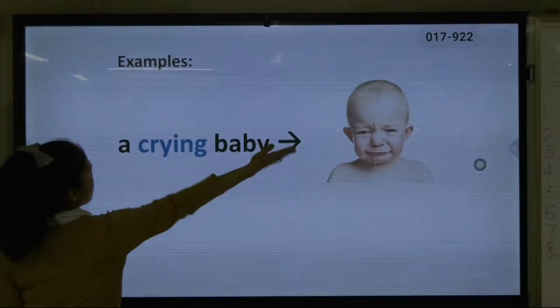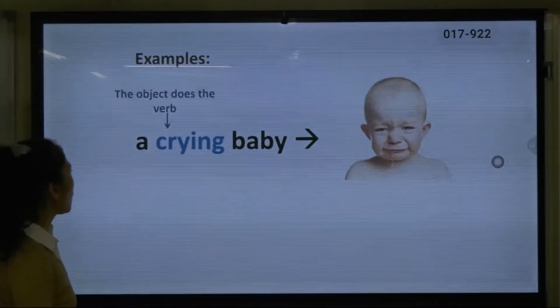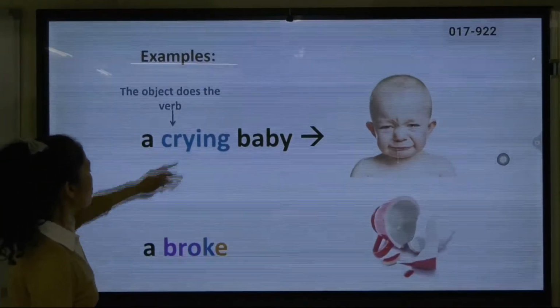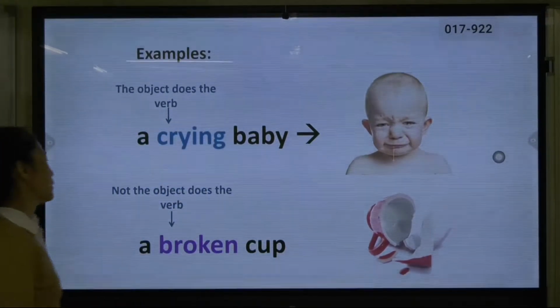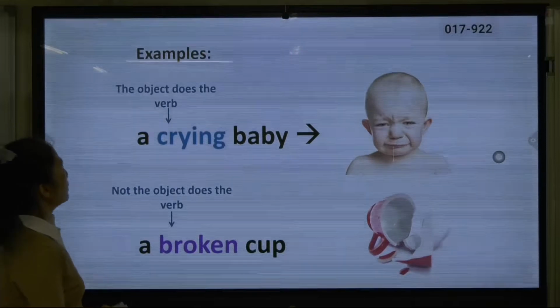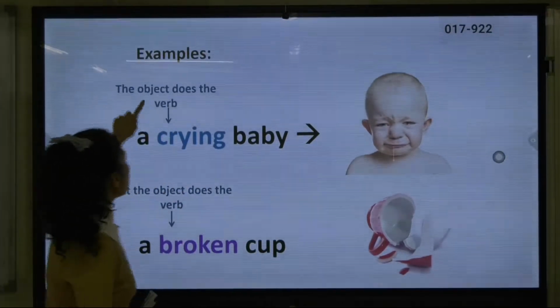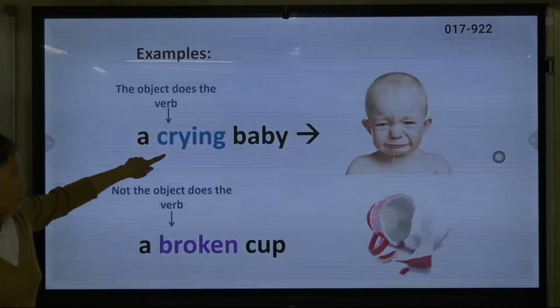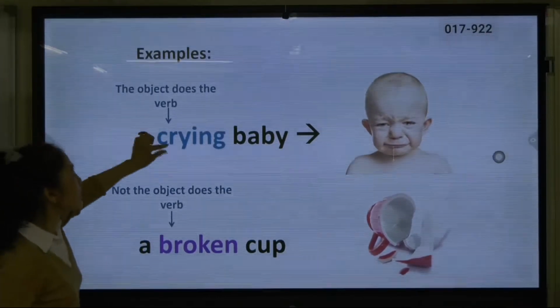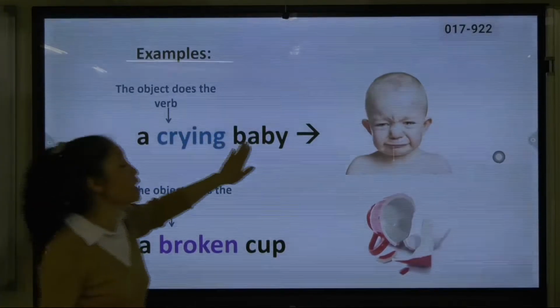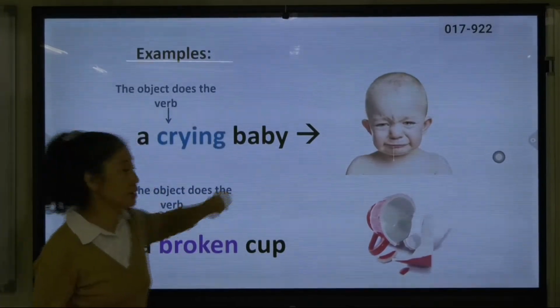Object, baby, crying. Object, cup, all right? But look at the baby. We use present participle, ing, to show this action is done by the object, the baby cries.